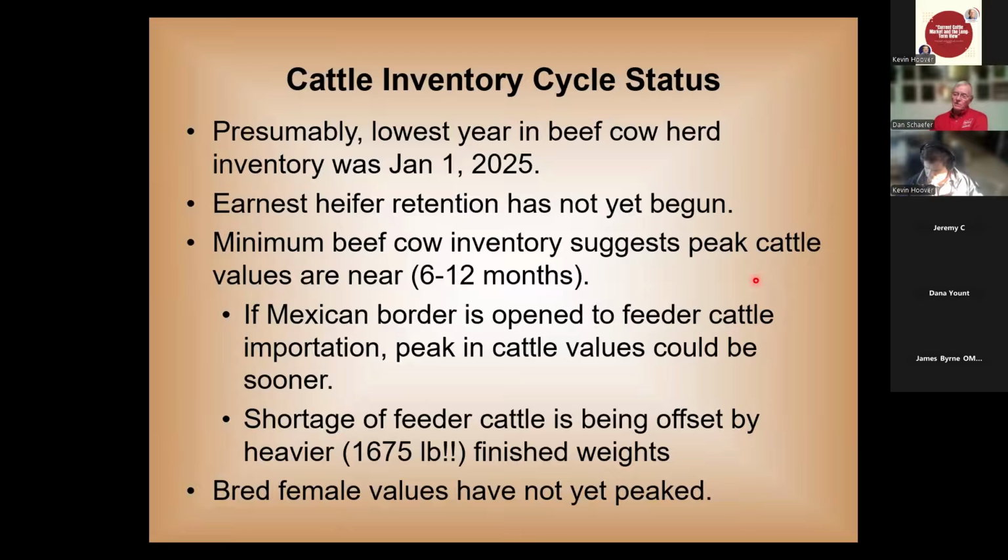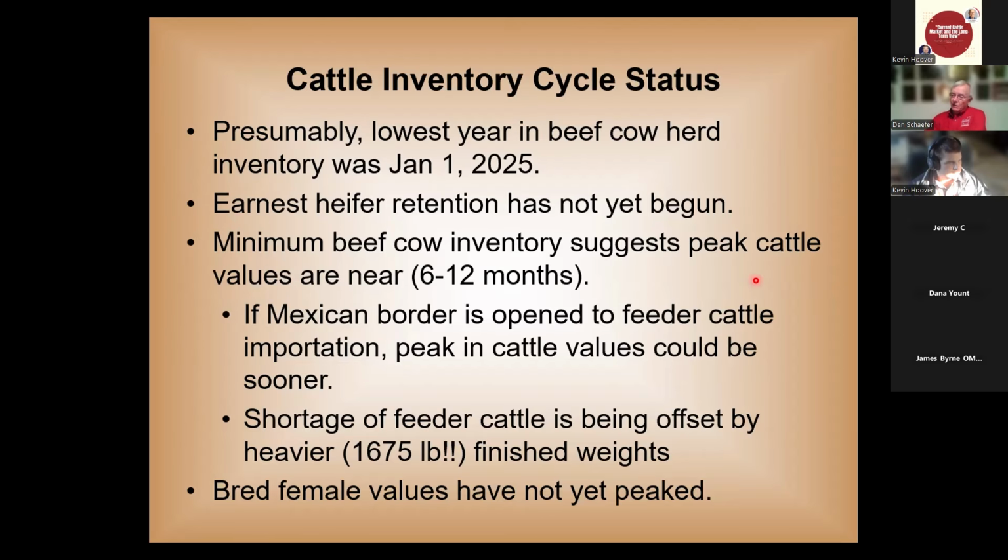Earnest heifer retention has not yet begun because there are still quite a few heifers passing into feedlots to be finished, quite a few heifers going through calf auctions this fall. So we don't have a solid signal that heifer retention has yet begun, even though there is a price signal being sent to the cow-calf operators, which could induce them to retain heifers.